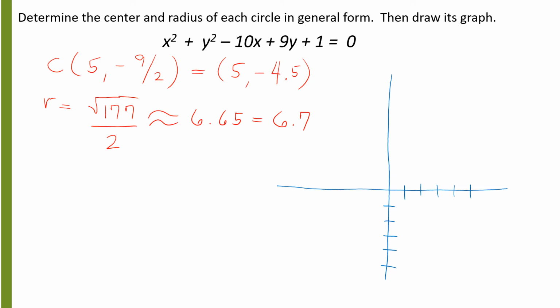So 5 kanan ng 5 beses. And then negative 4.5 baba ng 4 at kalahati. Okay, parang ito. So ito ngayon yung ating center. 4 at kalahati. Para nang sa ganon, the center is at 5, negative 4.5.